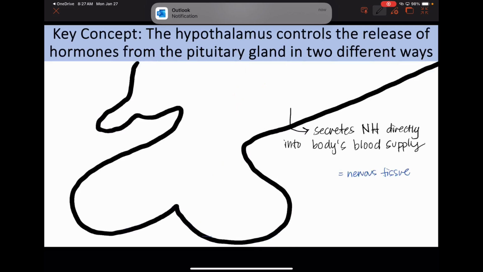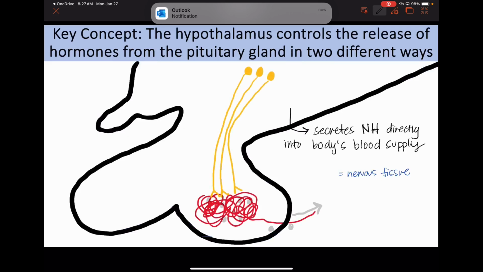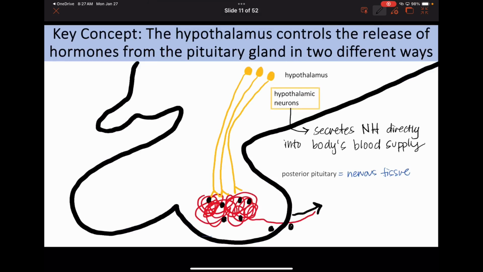When we talk about the posterior pituitary, though, it doesn't produce its own hormones. So the secreting organ in this case is going to be the hypothalamus / posterior pituitary, because they're kind of like a team.